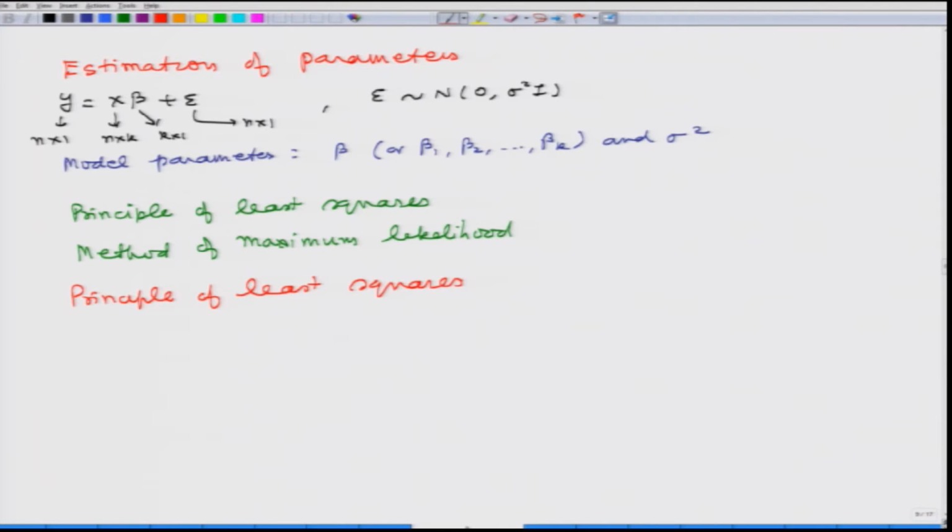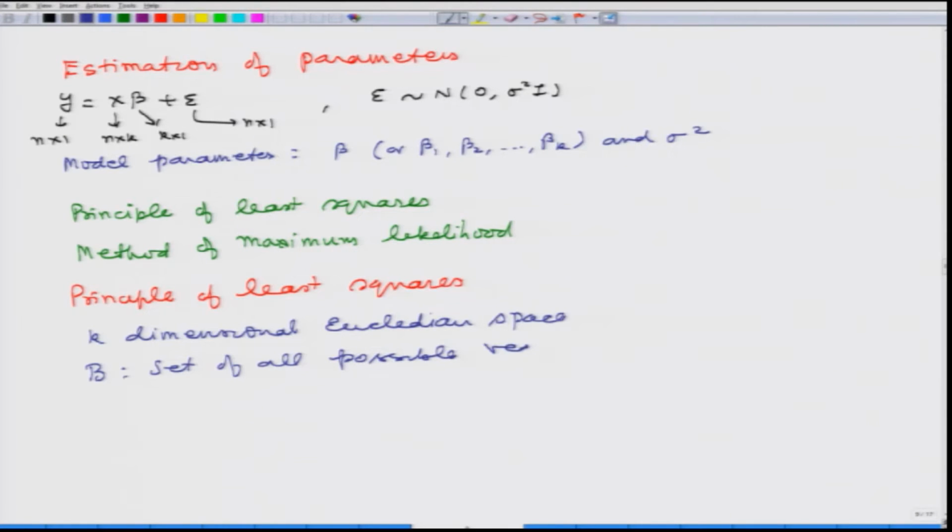So, we are working here in a k dimensional Euclidean space. Let us define, suppose capital B is the set of all possible vectors in this k dimensional Euclidean space.